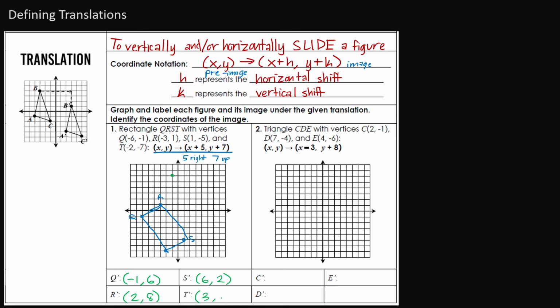And -7 plus 7 is 0. So if we plot all of these points, R prime is going to be 2, 8. Here's Q prime, R prime. S prime is going to be 6, 2. And T prime is at 3, 0.